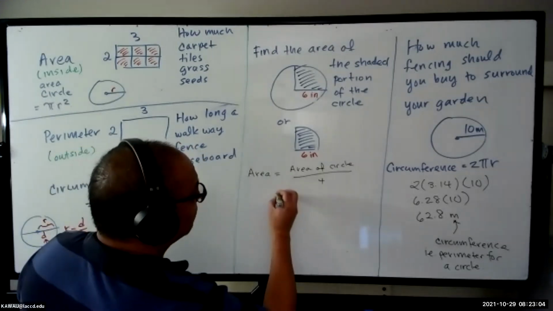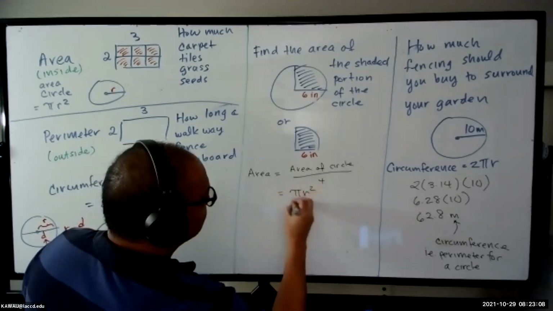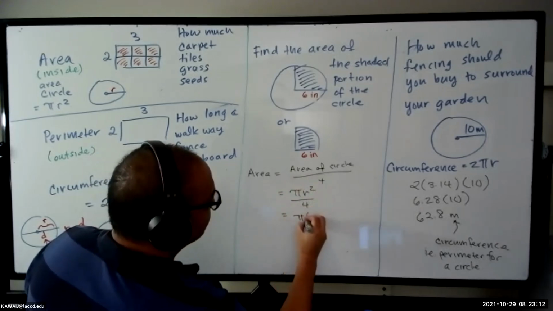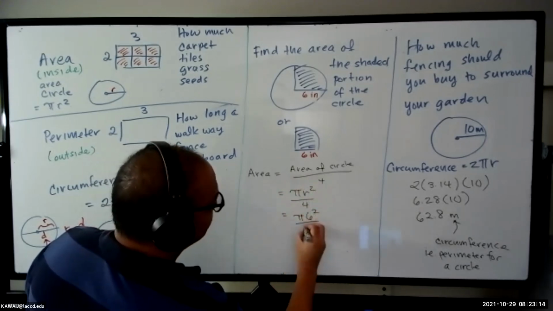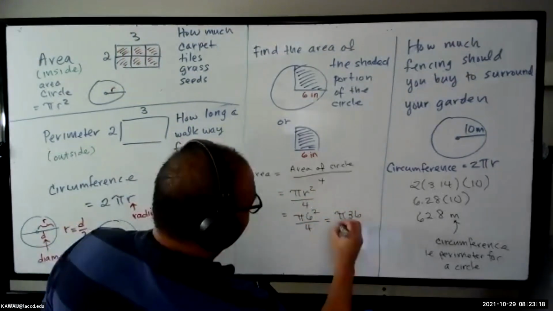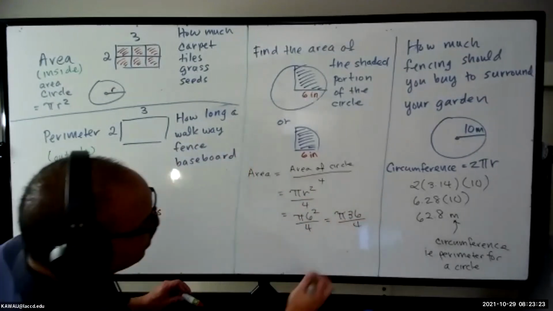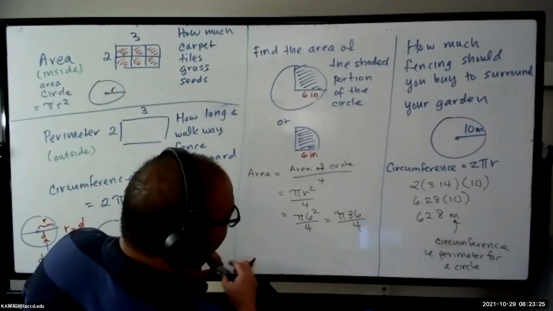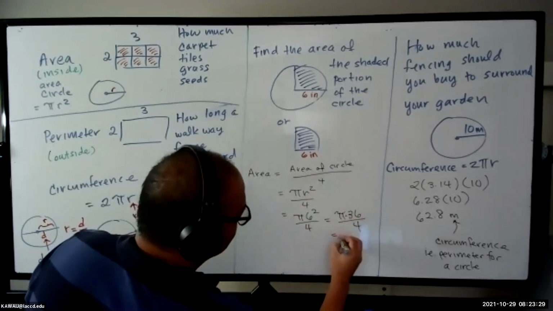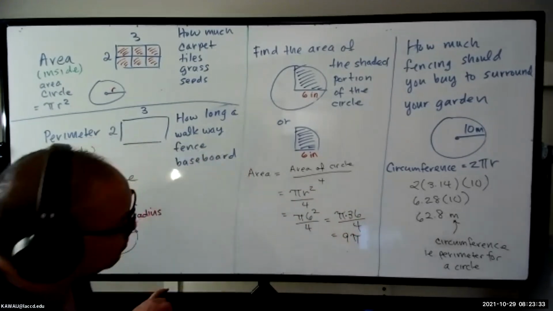So we should get pi r squared divided by 4, which is equal to pi 6 squared divided by 4, which is equal to pi 36 divided by 4. So these are not Siamese twins. That 36 and 4 are separated by a multiplication. So you can just simplify that, it is equal to 9. We'll put the pi at the end.